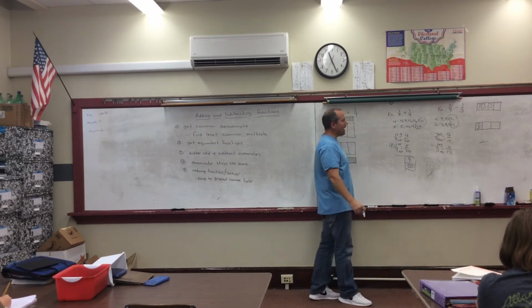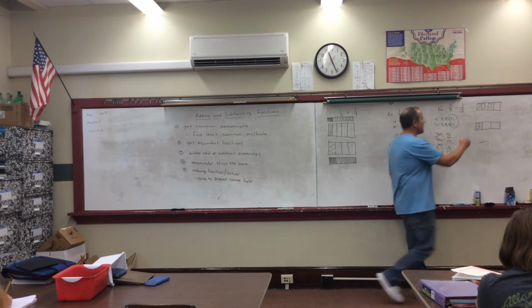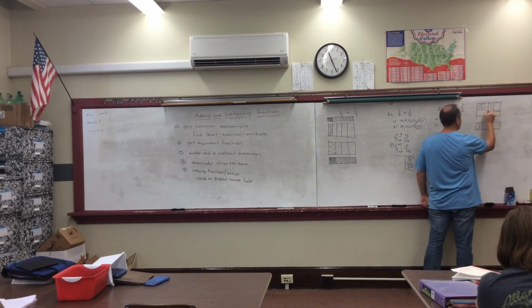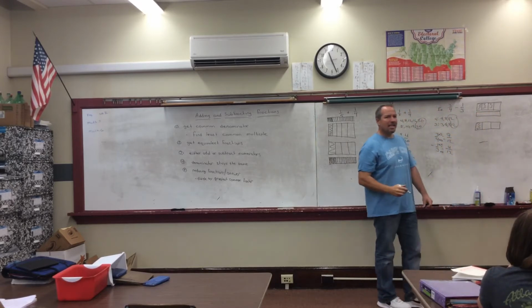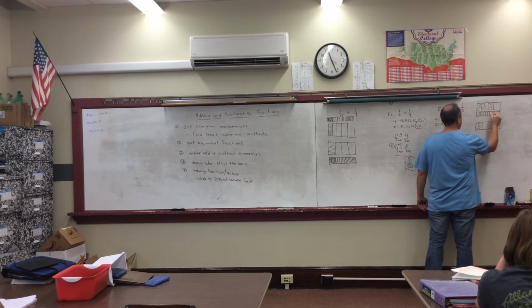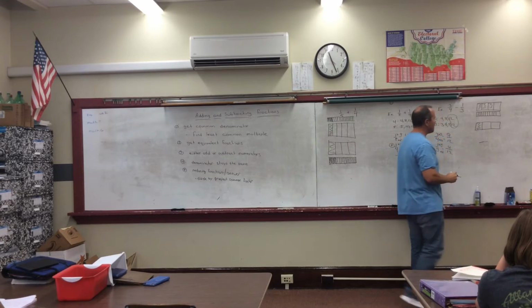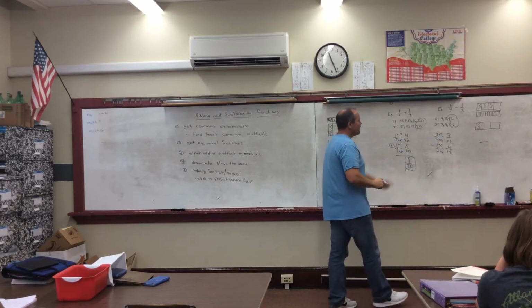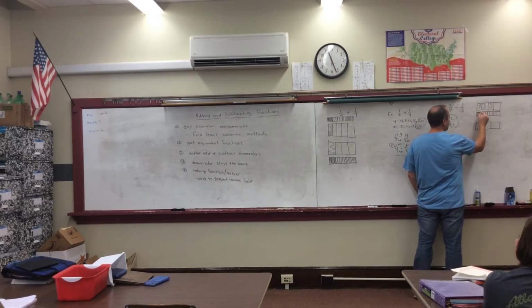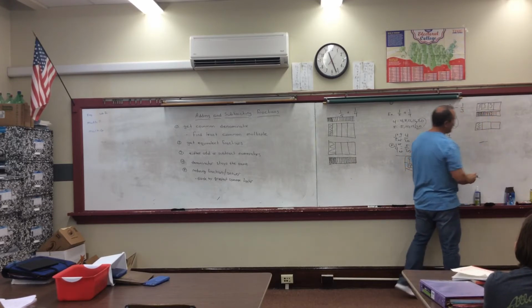Now, just to prove that 9/12 is the same as 3/4, if I take my exact same drawing up here, and this time I break it into 12 sections. 1, 2, 3, 4, 5, 6, 7, 8, 9, 10, 11. Oops, a little bit big, sorry. Not quite perfect. Now I'm going to color in 9 sections. So 1, 2, 3, 4, 5, 6, 7, 8, 9. I didn't do a really good job.